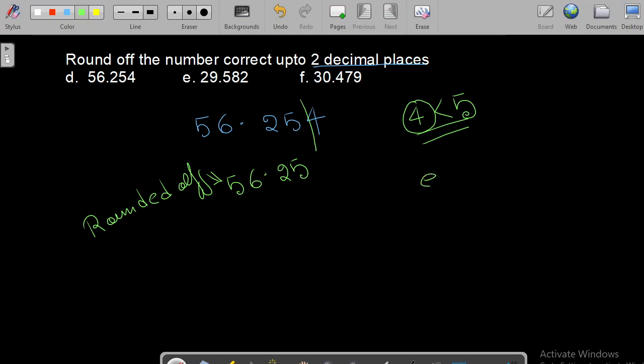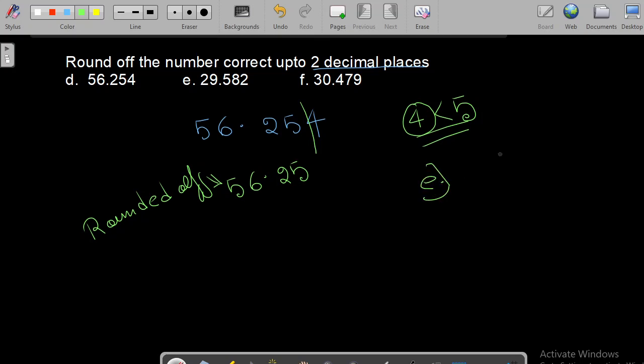Okay, let us take another example to elaborate this case. For example, let us take the number e. In case of the number e, the given number is 29.582. I want to approximate the number up to two decimal places. So I draw the cutoff line after 8.